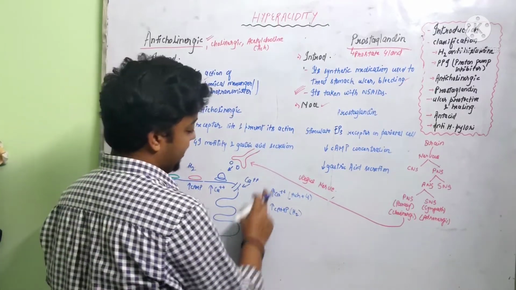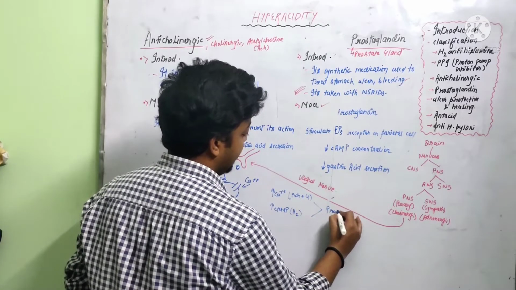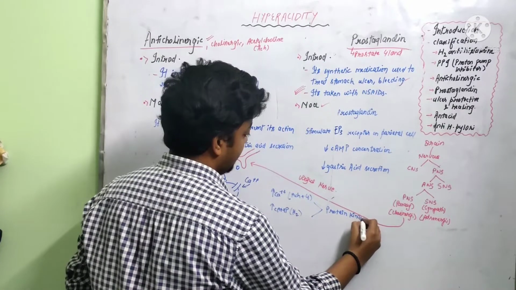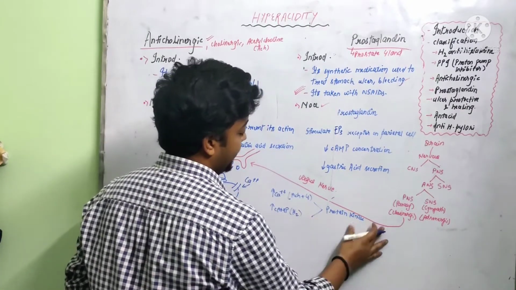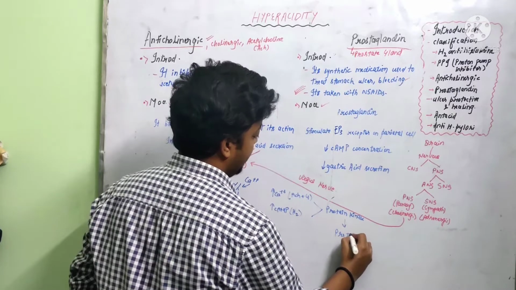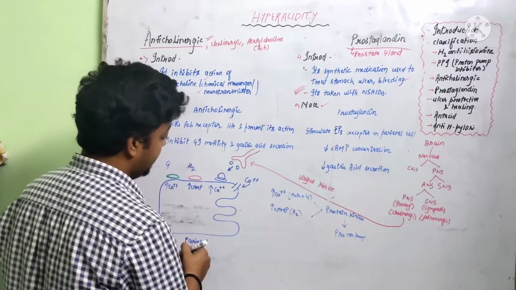Now guys, whichever increase it may be, both will activate the protein kinase enzyme. I talked in the earlier video about how this protein kinase enzyme stimulates or starts the action of the proton pumps. So let us say we have the proton pump here.